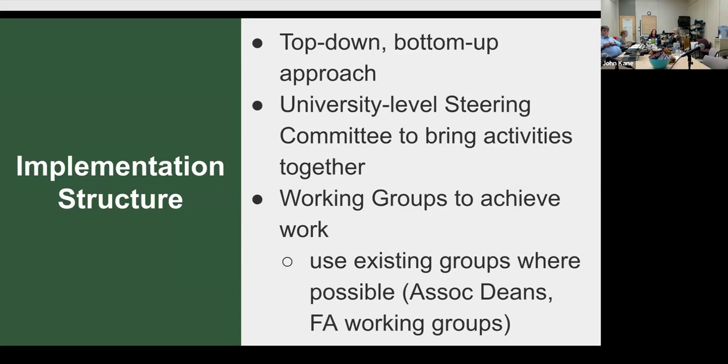There's also existing work that needs to be done in terms of policy, developing best practices. And there are a number of groups that are already working on that. So the associate deans, I know, are working on updates to the intellectual integrity policy and the academic integrity policy.